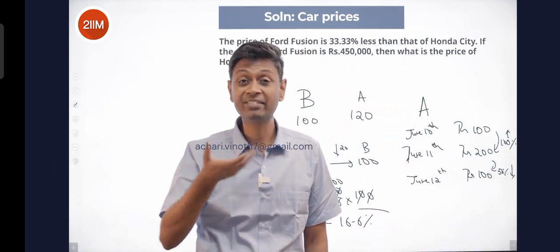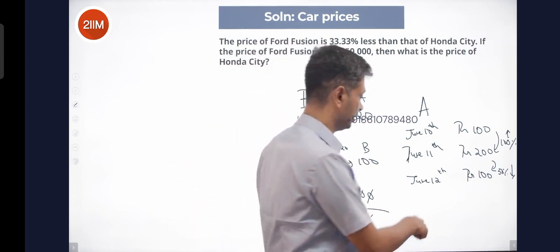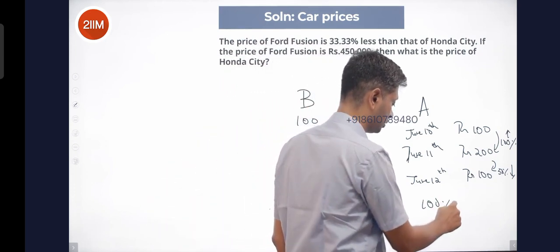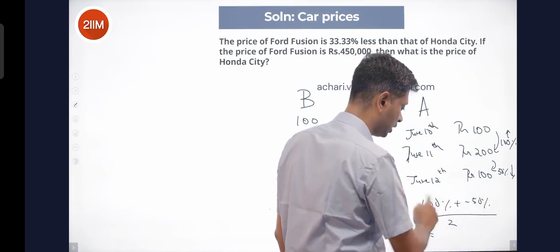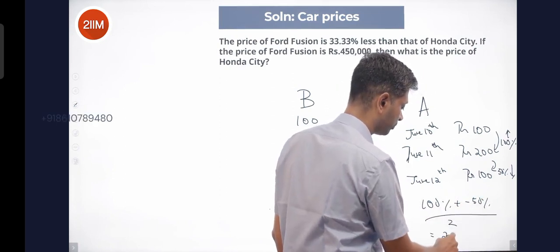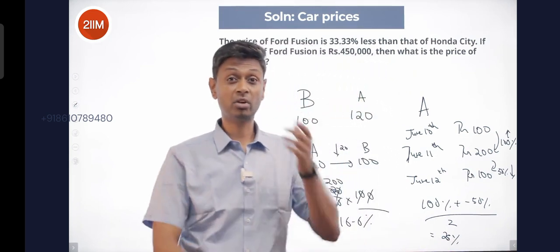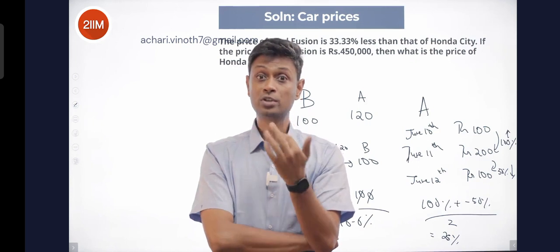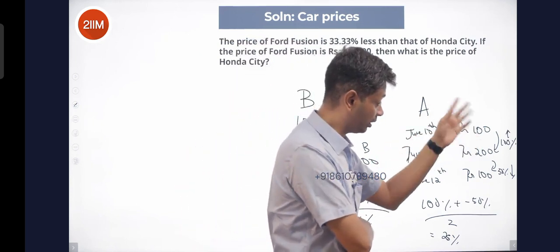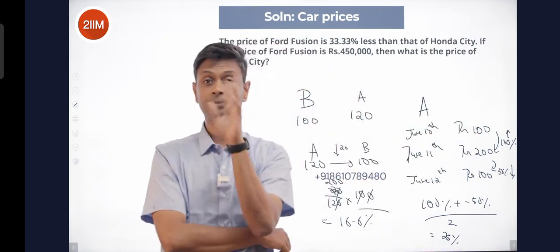If we take average return per day, 100% plus minus 50%, 100 minus 50 is 50, by 2, 25%. Somebody can look at it and say this stock on an average moves up 25% every day, which is nonsense, because in 2 days it has gone from 100 to 100, 0%.